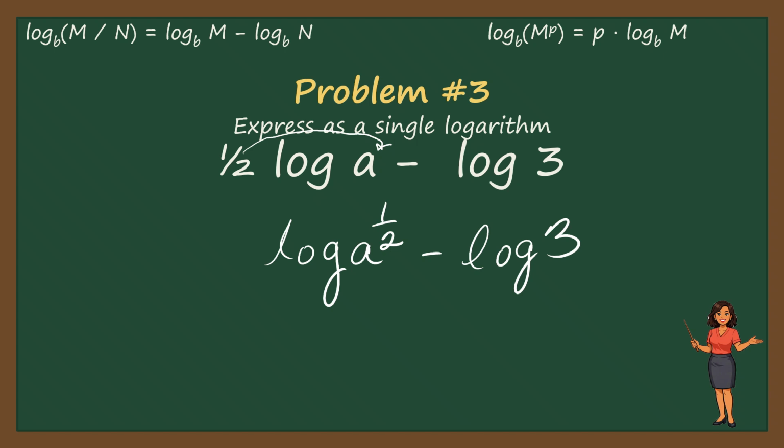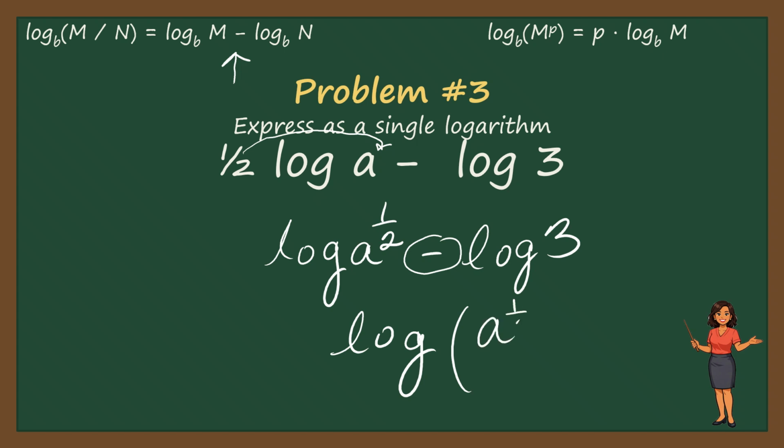Okay, now I have to subtract these. So I use my quotient rule, which means I have to divide m and n. So we have log of a to the 1/2 divided by 3.